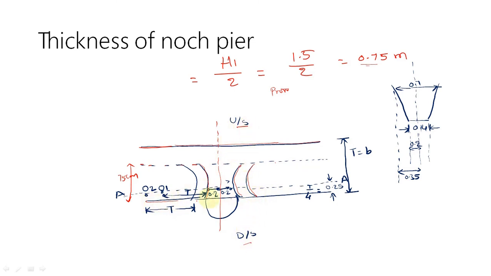So from the downstream side, means from the end of the drop wall at the top width, you take t by 4 distance. Total top width is t. So t by 4 is 0.25 because the top width is 100 centimeters. So you take t by 4, top width of the drop wall by 4. So it is 0.25 meters.